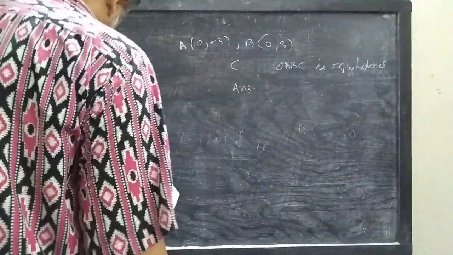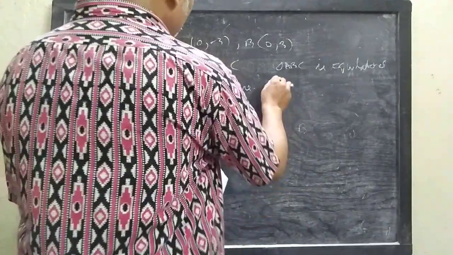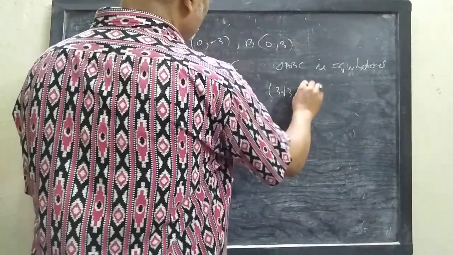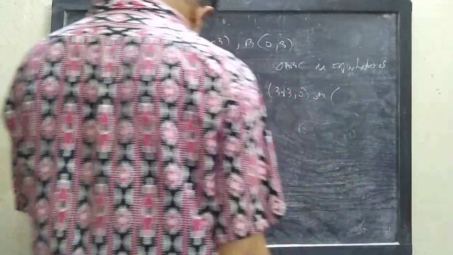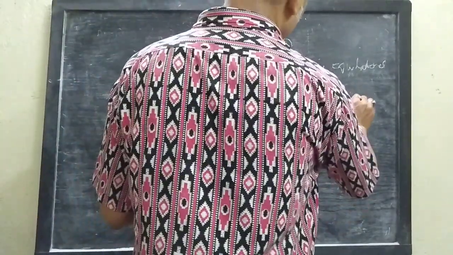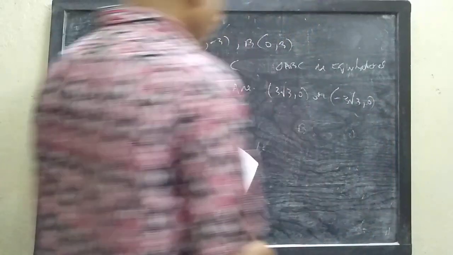Answer is (3 root 3, 0) or another possibility (minus 3 root 3, 0). Simple problem.